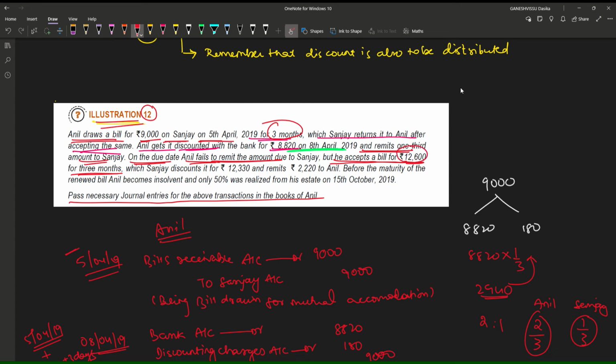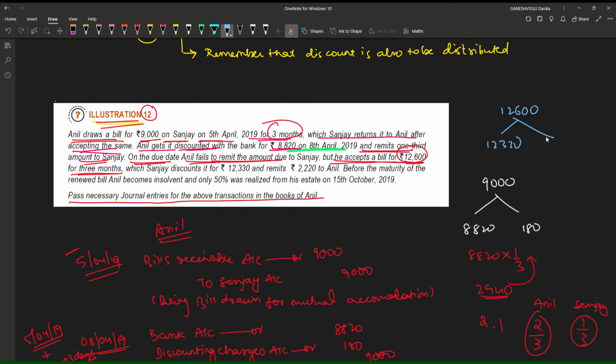12,600 amount is there. Okay, let me analyze here. Out of this 12,600, what happened? It has been discounted by Sanjay with 12,330.